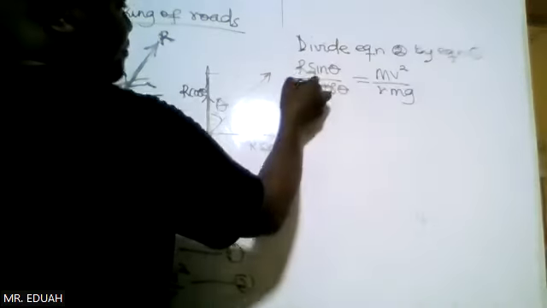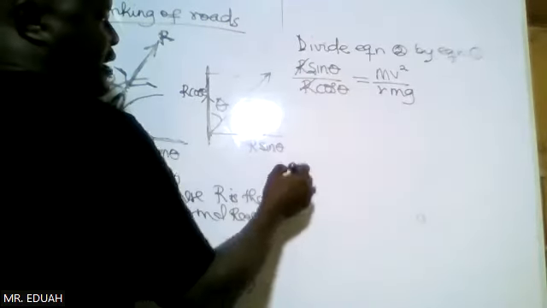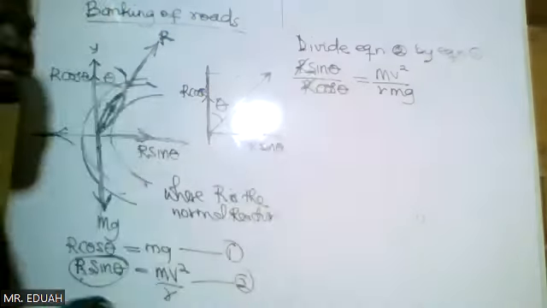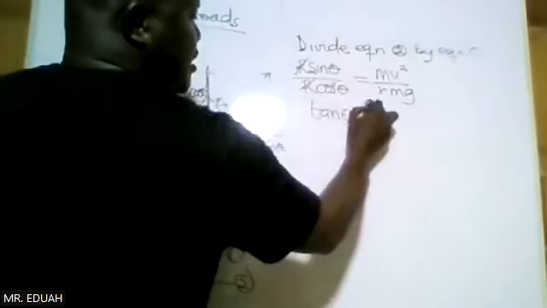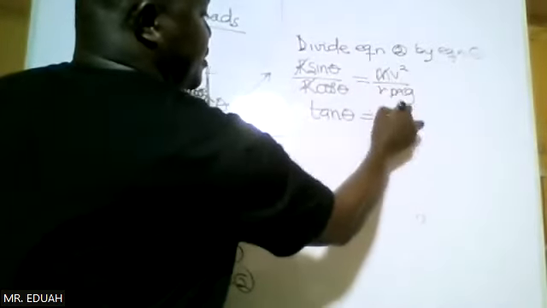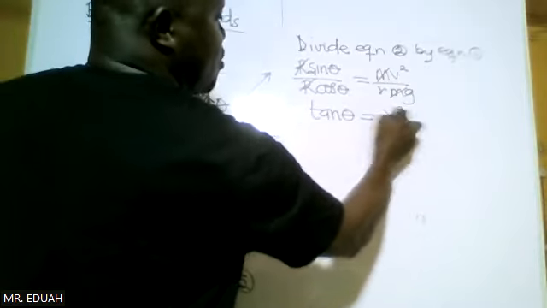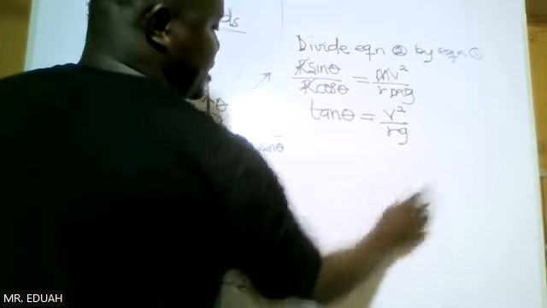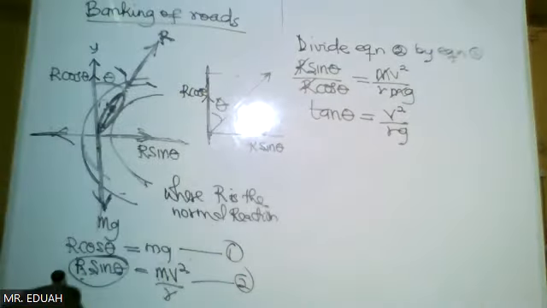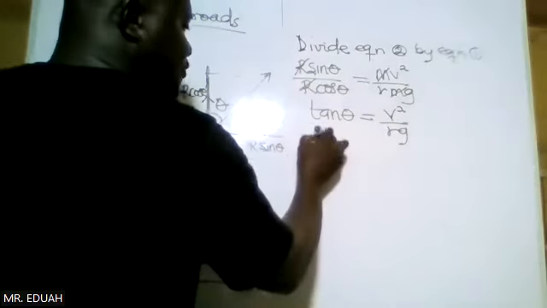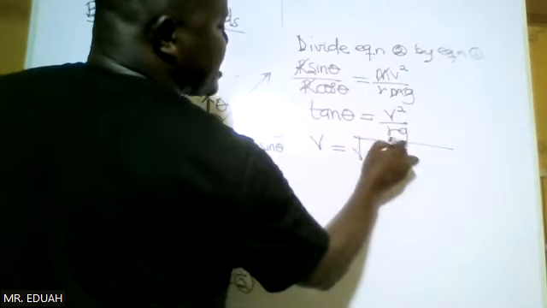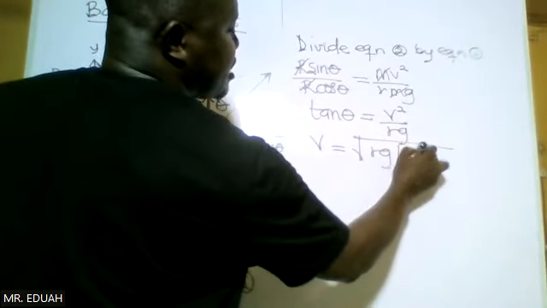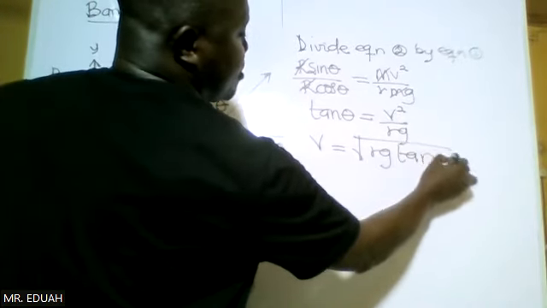So we have R and R canceling out. Sine theta over cos theta is equal to tan theta. We have v squared over rg. If we make v the subject, it is giving us the same relation as we saw in conical pendulum.